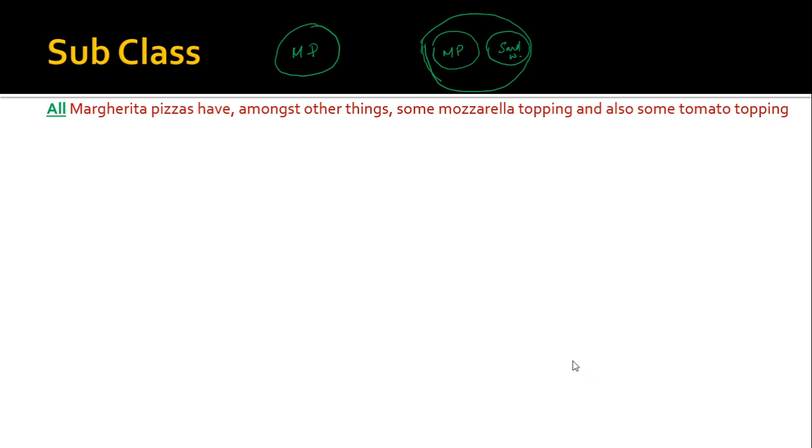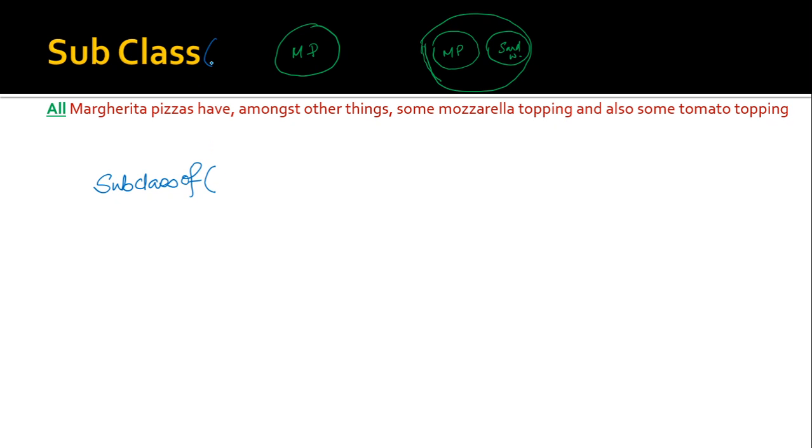Again, we'll be using the functional style syntax, and the functional style syntax to represent subclass is you just use the keyword SubClassOf. So this is the keyword to represent this.